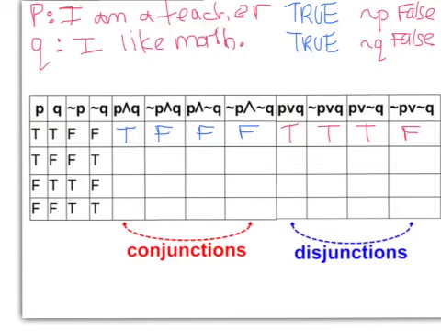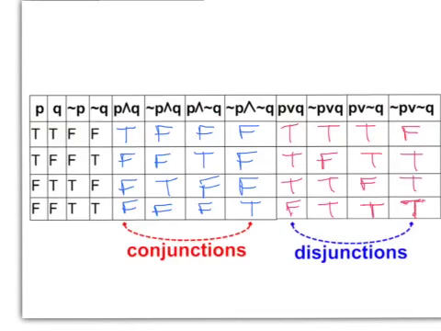So now let's just fill in the rest of this truth table. So now we have the rest of our table filled in. We have our conjunction section and our disjunction section. And you can see that the reason we have these 4 rows here is because it's saying if you start off with 2 true statements, if you start off with a true and a false, a false and a true, or 2 false.